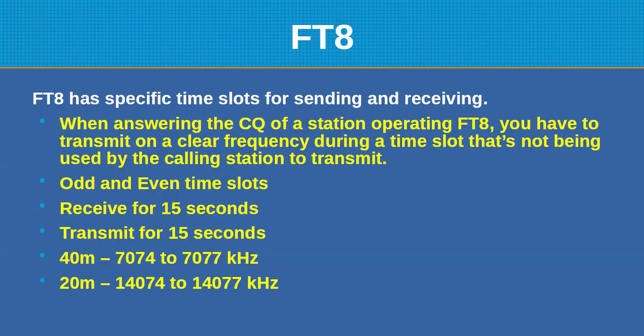In most cases, I don't think I've ever been able to make a contact below like minus 15. But even that's amazing. And when we talk about dB, minus 15 dB is about a 40th of the noise signal. Means the noise is 40 times stronger than the signal. Okay. Thank you.